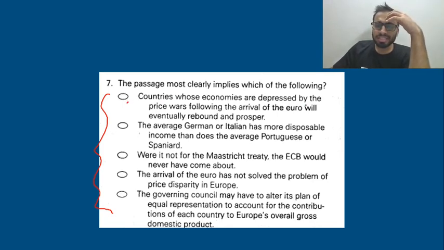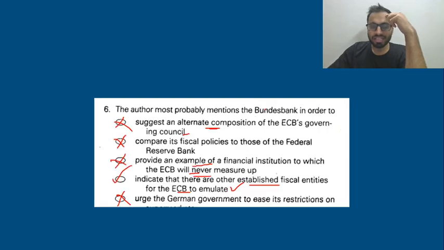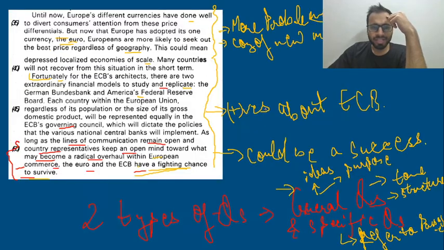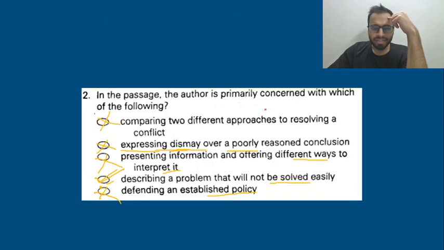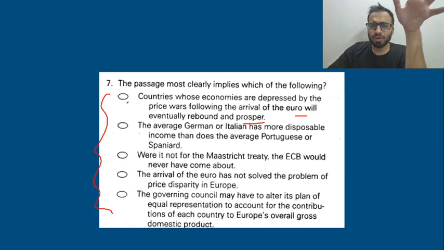Option A: Countries whose economies are depressed by the price wars following the arrival of the euro will eventually rebound and prosper. Where was this mentioned? I think this was on the last page only, right?